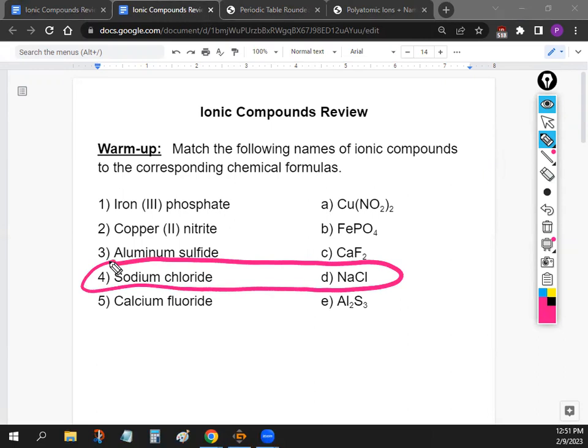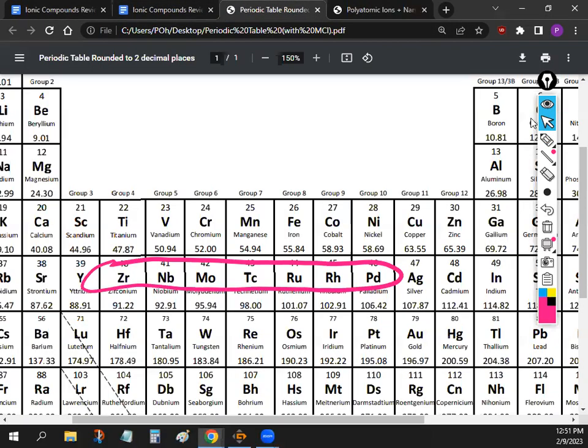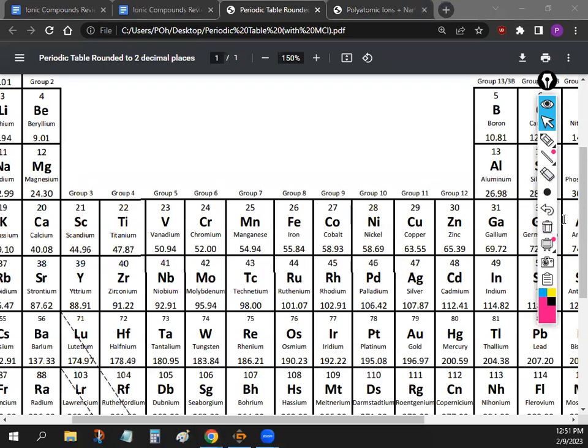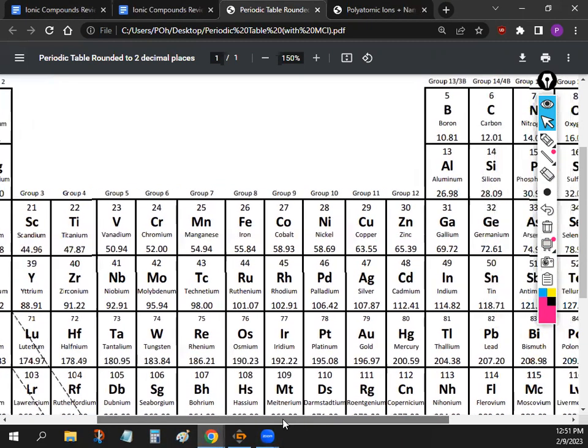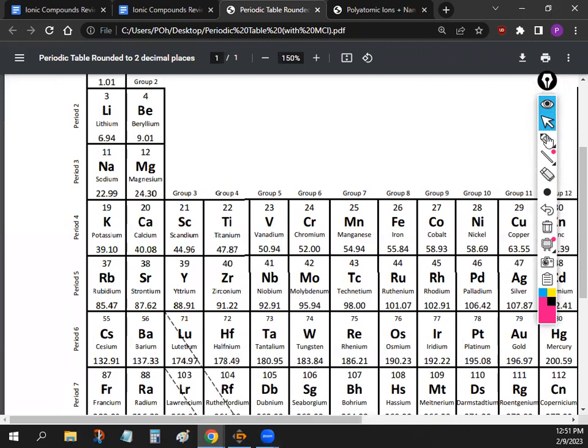Interestingly, I put it in the same row. So that looked kind of easy, but in case you didn't know where to find it, let's go back to the periodic table. And I see it's on the left. Does everybody see where sodium is?